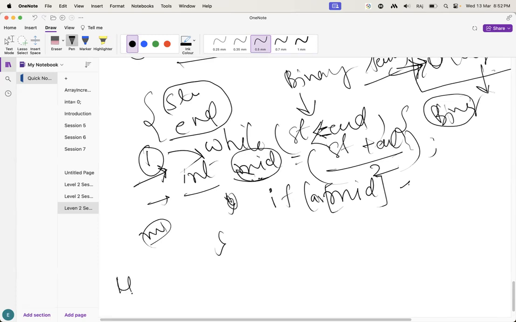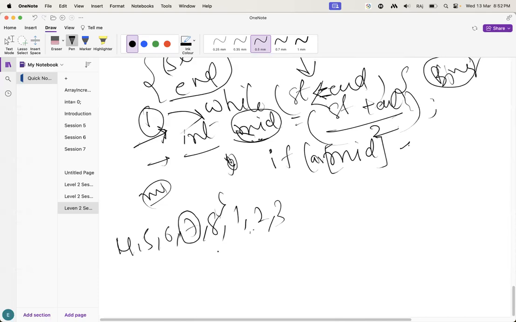Let's suppose here is the array 4, 5, 6, 7, 8, 1, 2, 3. Okay, guys. If the mid element is 7, understand this one, what I am going to check is the next element.